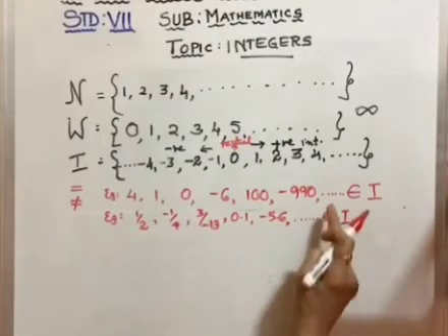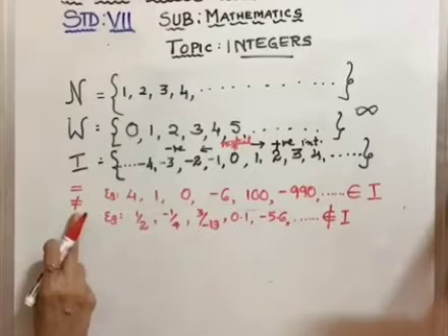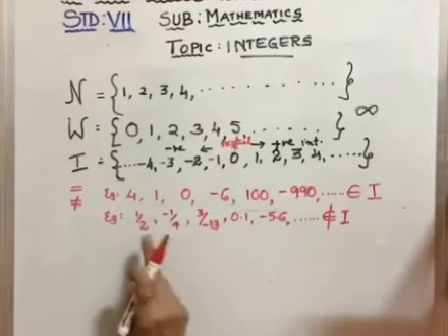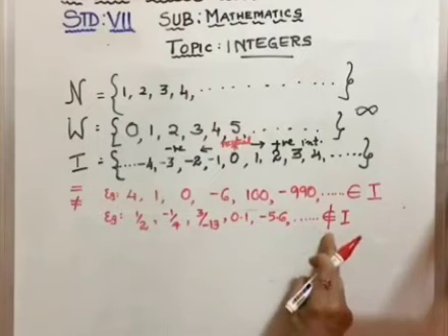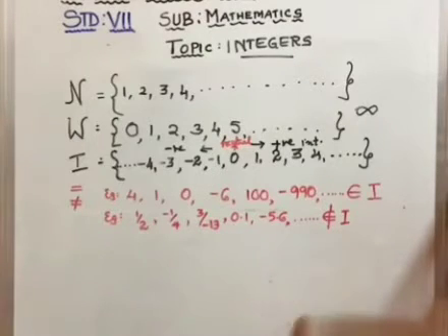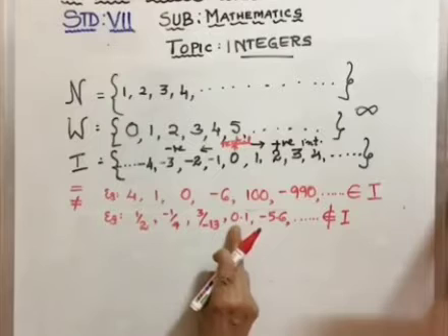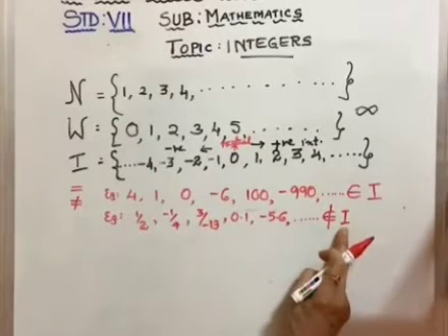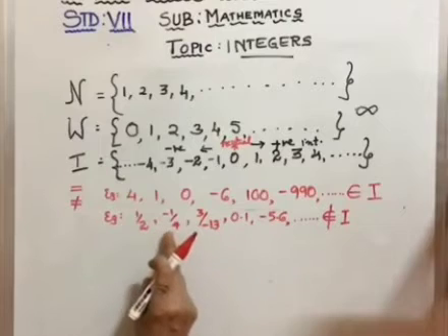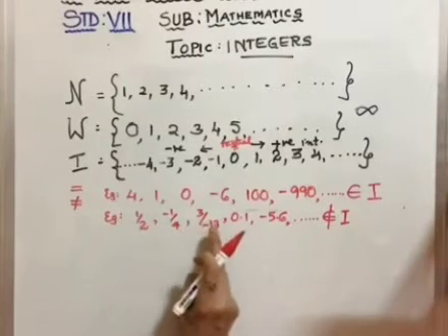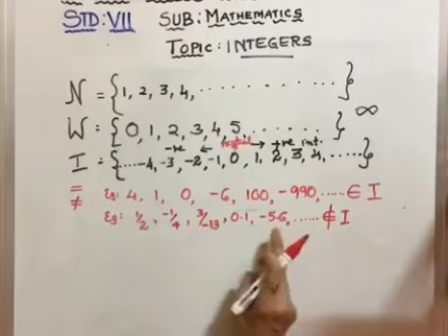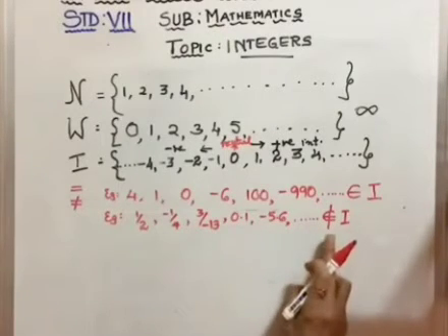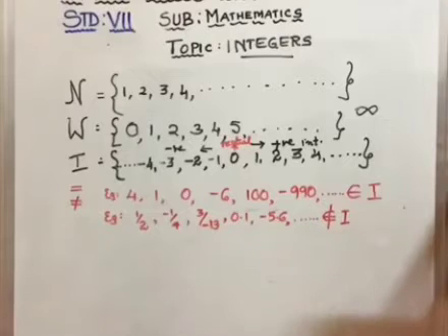That slash what you have written here, not equal to, this means does not belong to. Half does not belong to the set of integers. 0.1 does not belong to the set of integers. Therefore, half, negative 1/4, 3 by negative 13, all these which are parts, not complete, they all do not belong to the set of integers.